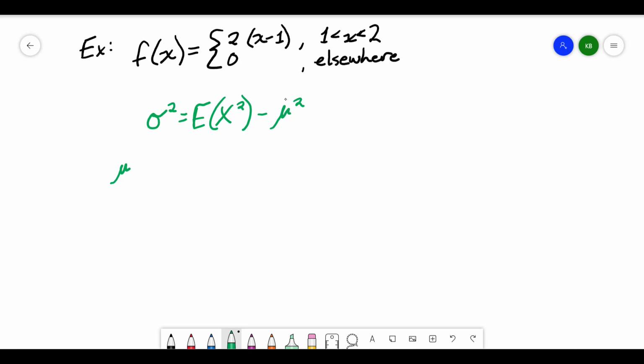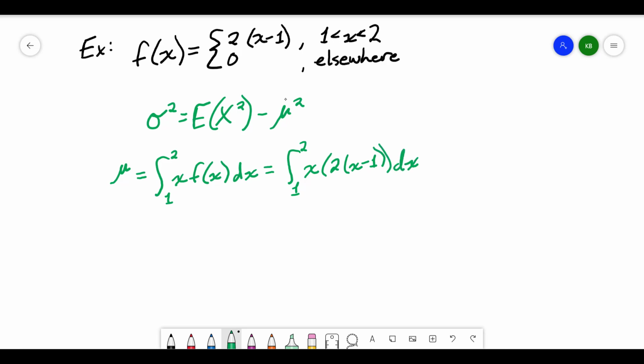So to find the mean, we take the integral of x times f of x dx, and we're taking this from negative infinity to infinity, but in this case that's equivalent to 1 to 2 because it'll be 0 everywhere else. So this is going to be the integral from 1 to 2 of x times 2 times x minus 1 dx.